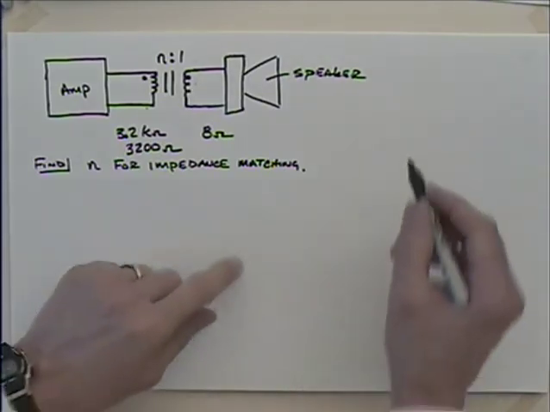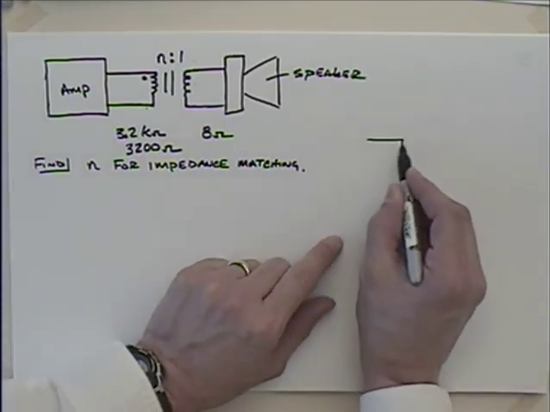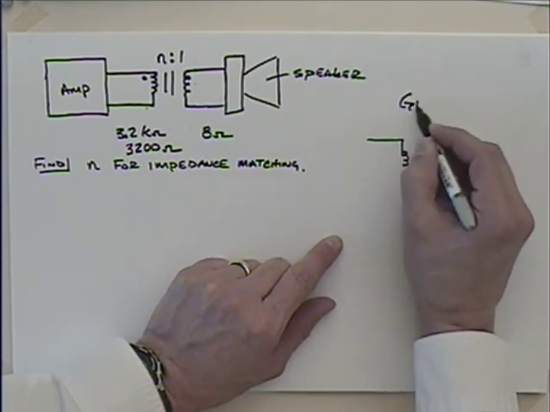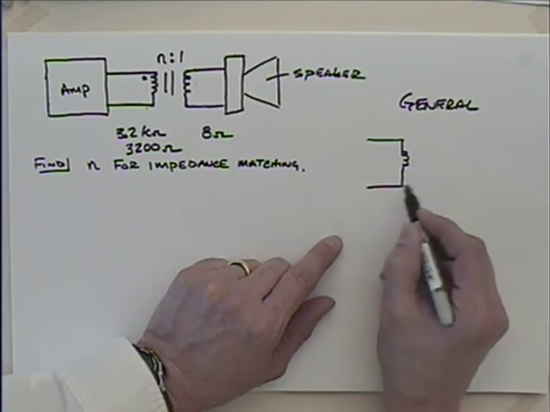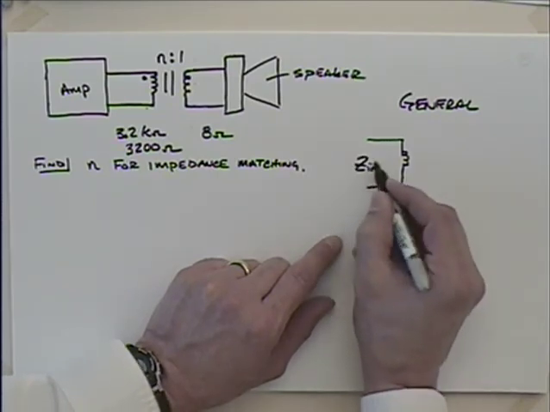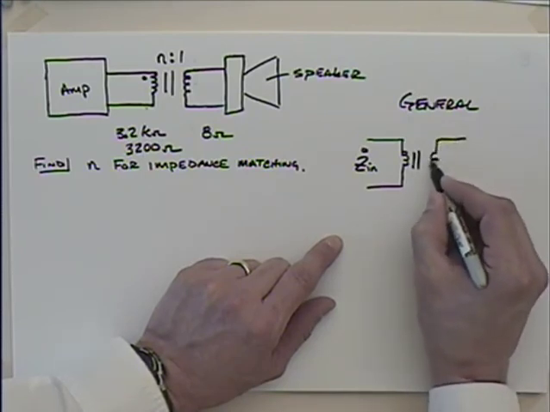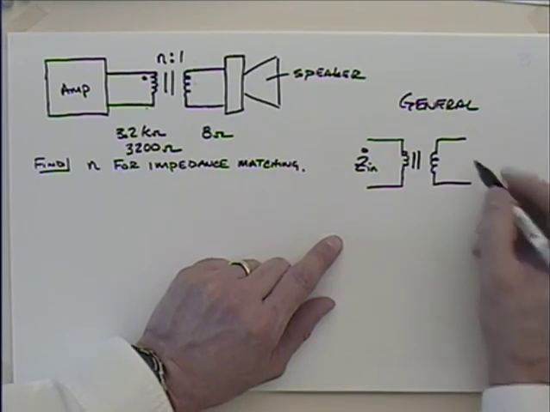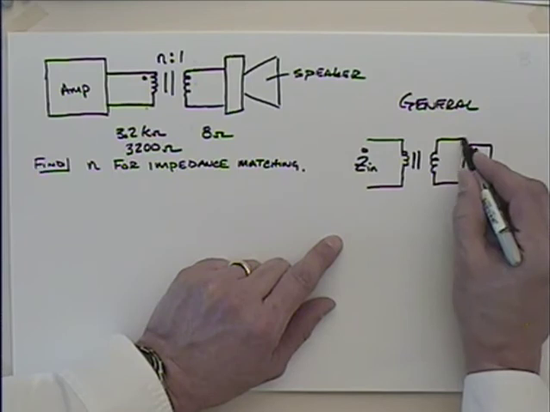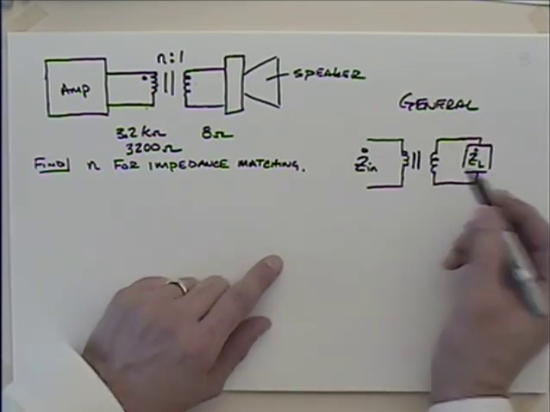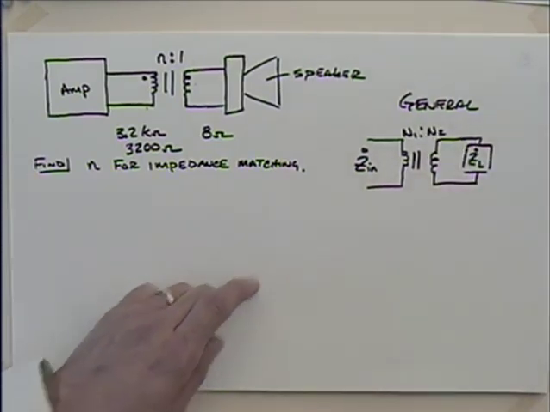Well, we talked about this during lecture, where I talked about this in general. We had this transformer, and we'll talk about the Zn. And we had this coupled to this coil, hence a transformer. And we talked about ZL here. And we said that this was turn 1, N1 to turn 2, like that.